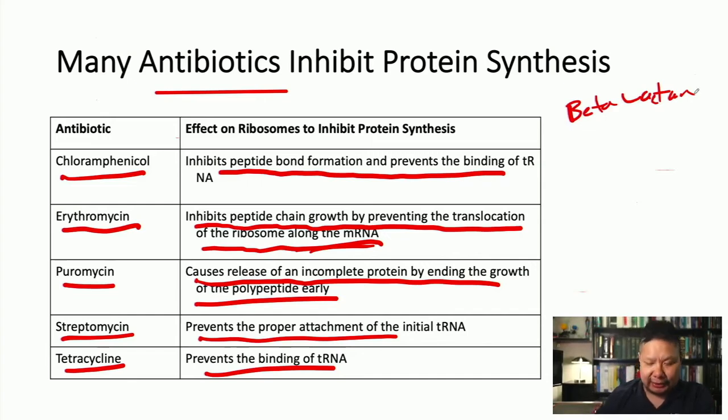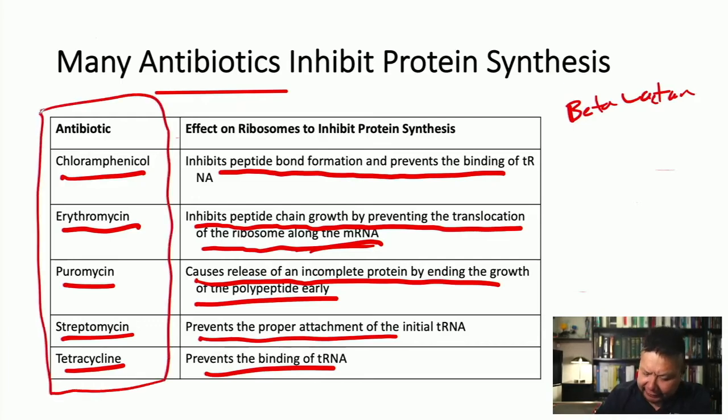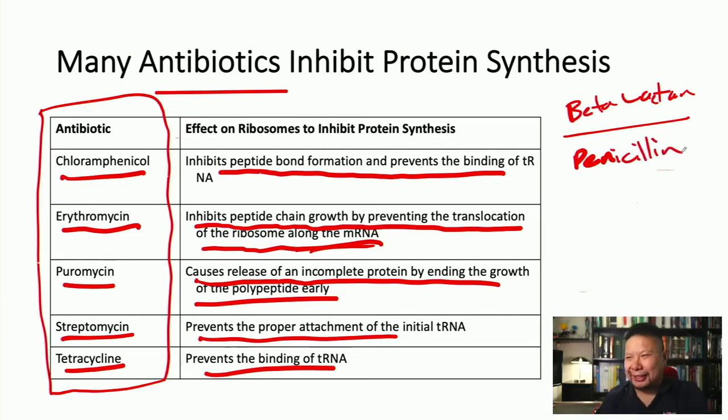The peptidoglycan cell wall. So that's the difference between these antibiotics and then the beta-lactam antibiotics like penicillin or amoxicillin, right? Things that you get for basic bacterial infections, right?